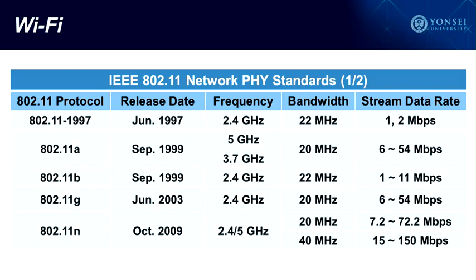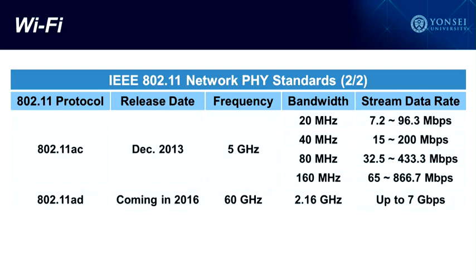And this used the 2.4 and the 5 gigahertz range. Basically, you could go up to much higher data rates. You could reach up to 72.2 megabits per second, or you could go up to 150 megabits per second, based upon which frequency band you were using, the 2.4 or the 5, and the available bandwidth would determine the maximum data rate that you could go up to.